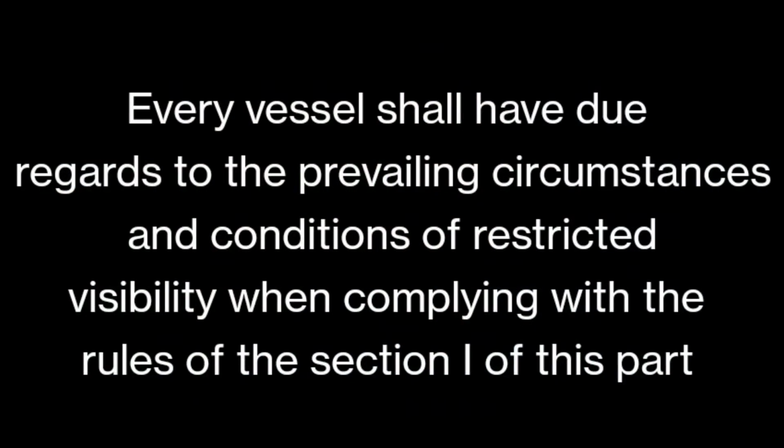Alright guys, now we will jump on to part C. Part C, as per the book, says every vessel shall have due regard to the prevailing circumstances and conditions of restricted visibility when complying with the rules of Section 1 of this part. Section 1 is Rule 4 to Rule 10, which are the conduct of vessels in all conditions of visibility.